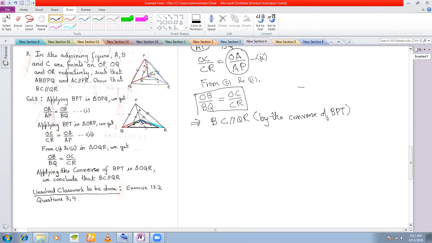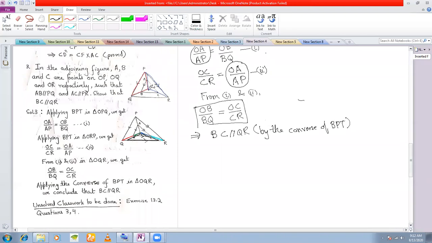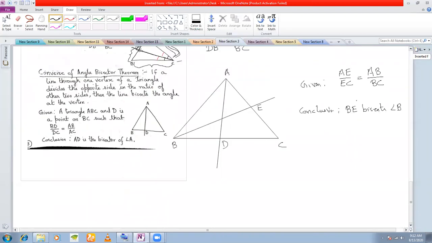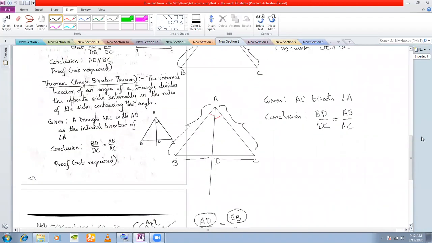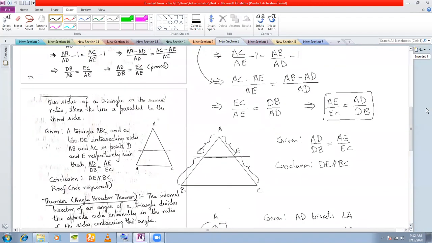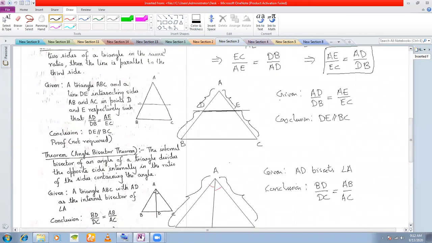Now, if you remember when I was explaining BPT, let me just go back. When I was explaining BPT to you, given that, if in any triangle you have a straight line intersecting the triangle such that this length by this length is equal to this length by this length, then what was my conclusion?